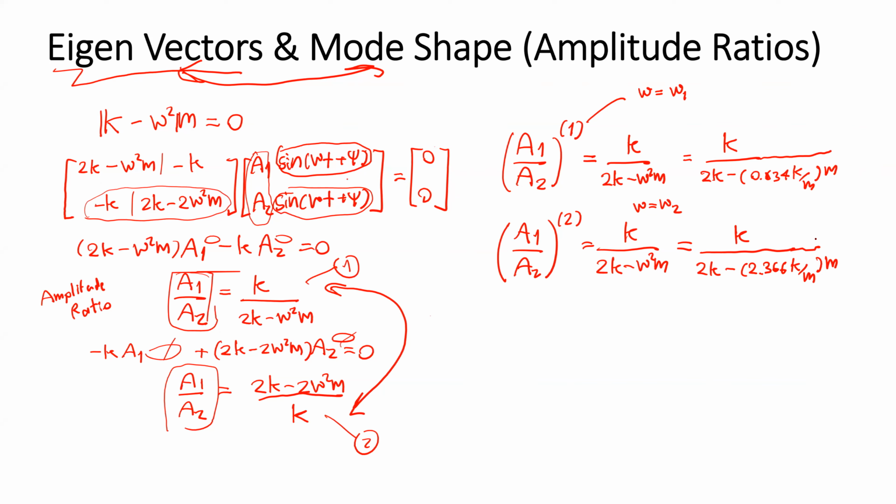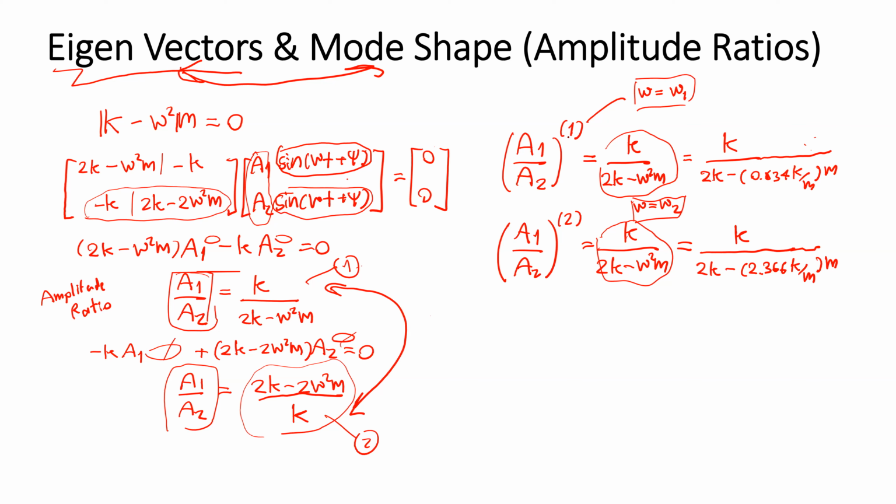So if you see, in both modes we use the same equation. Now I use equation 1. You may also use equation 2, and it will give the same value when you put in omega 1 and when you put in omega 2.